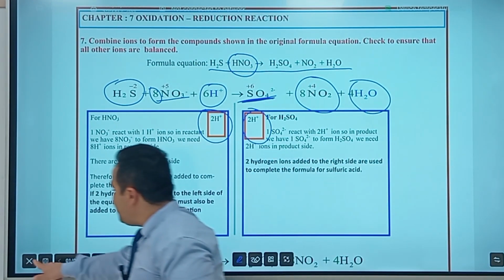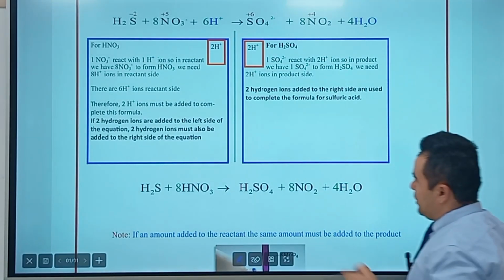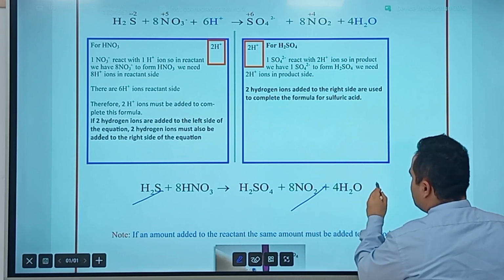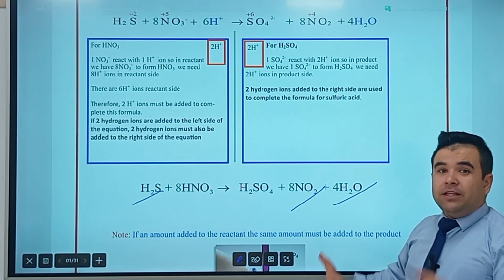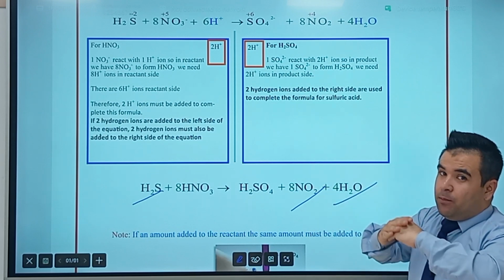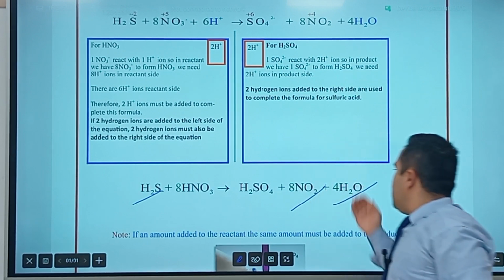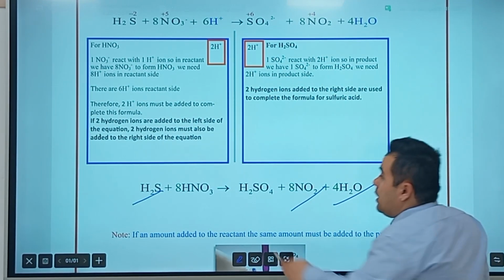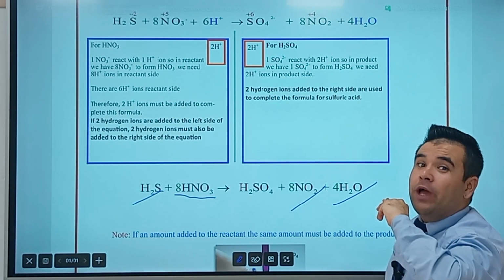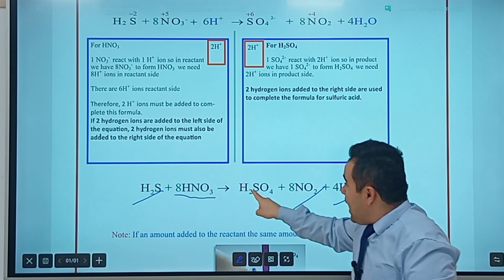And then finally, guys, we will get a reaction. As I told you, H2S, NO3, NO2, H2O, we have written without changes after the combining of both halves, because we did not separate these compounds. 8HNO3, because we added 2H, it becomes 8H and 8NO3.